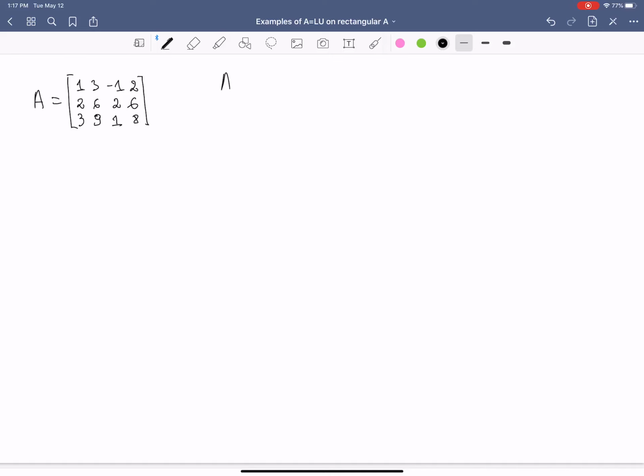So if we assume that A is an m by n matrix, then L will be m by m, and U will also be m by n. This is important.